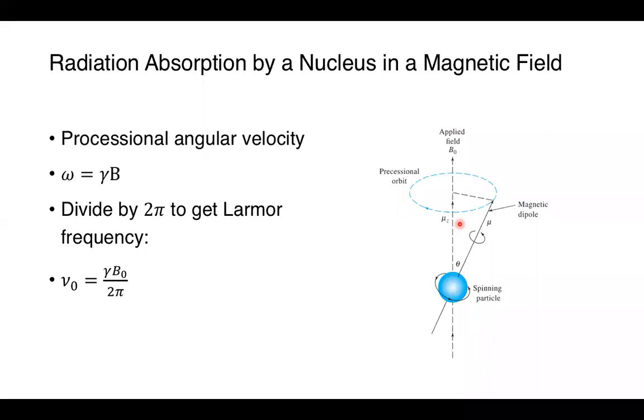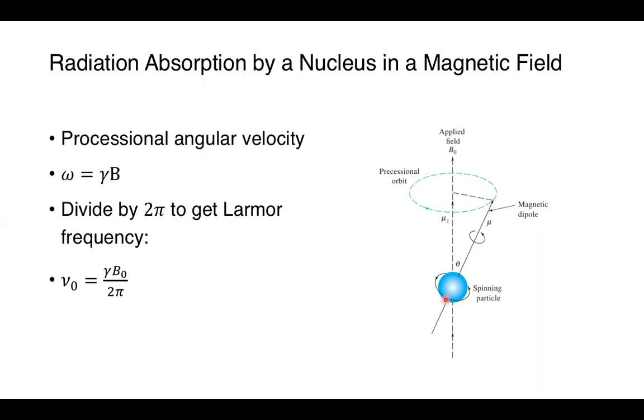We apply the magnetic field in a certain direction, going from one pole to the other. The particle, the atom, has the property of spin, and it's pointing in a certain direction, the magnetic dipole moment that it has. This then has some angle theta between it and the applied magnetic field, which is called the precessional orbit, this dashed line here.